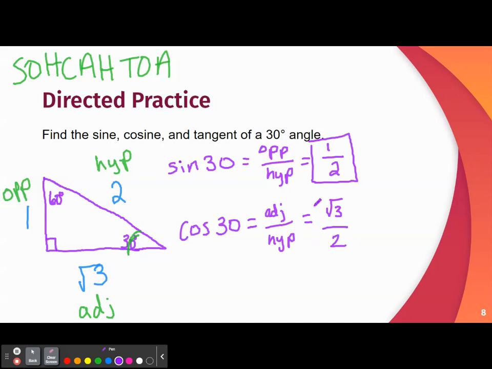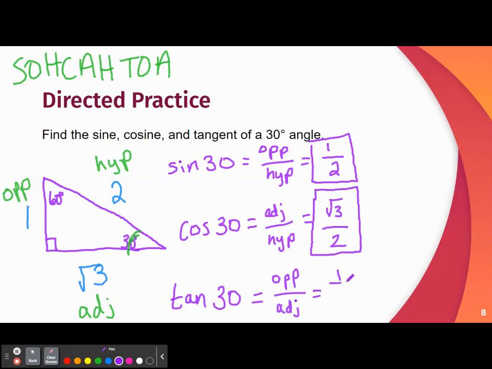No, the square root's already on top, so I'm good. As long as it's not on the bottom, I'm okay. Now let's do tangent of 30. Gabby, what's the formula for tangent again? And what numbers would I plug in? Now, is that simplified? Yeah.